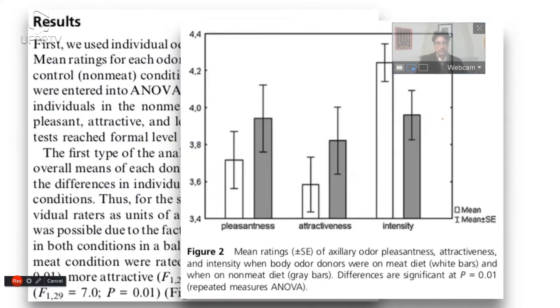So here you have an example of what I'm talking about. This is from the results section of the MEET study, and here you have basically the data that drives these bars here, and then you have inferential statistics here with a p-value and ANOVA, and the author adding information here that the differences are significant.